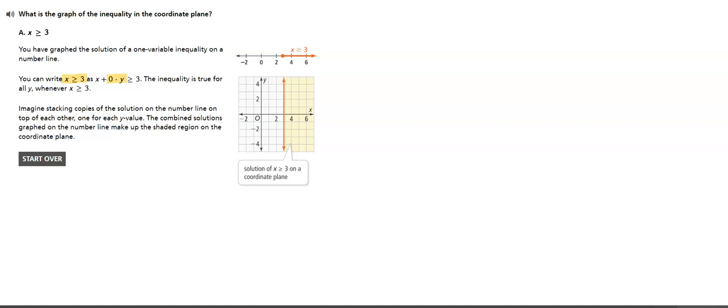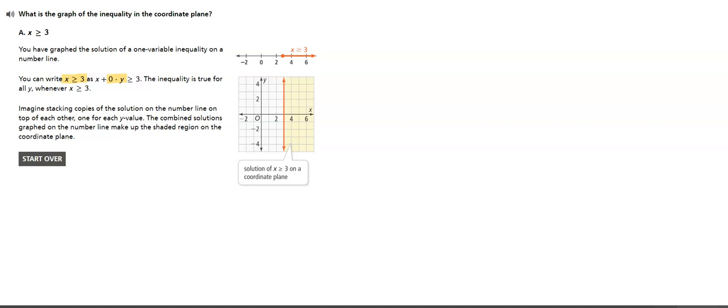So here's how you would graph it, because basically x is equal to 3, okay? So all of my line's going to be on the 3. And because it's x, it's going vertically. To shade it, I'm going to then shade greater, because all of the x's that are greater than 3 or equal to is going to be a solution for this, okay?